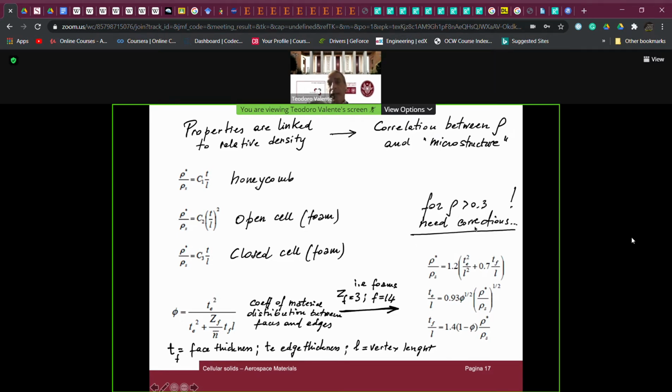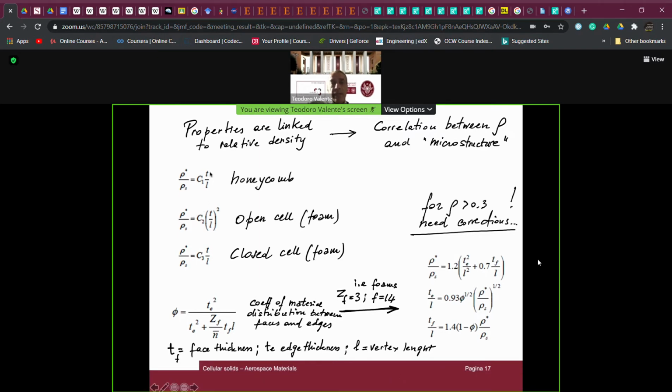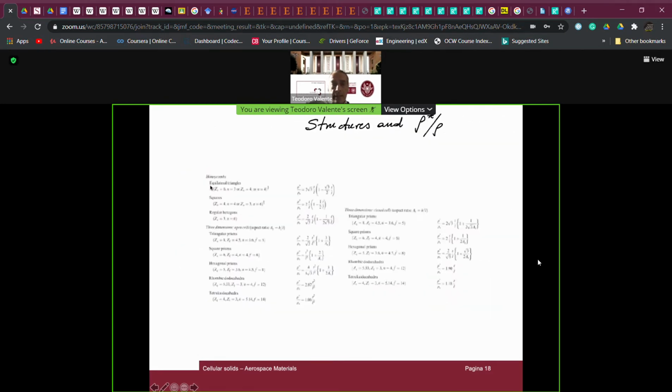Otherwise, we need corrections, but this is not the case for our interest in cellular solids, in which the ratio between the two density values can be put in relationship with the ratio between the thickness T and the length L.